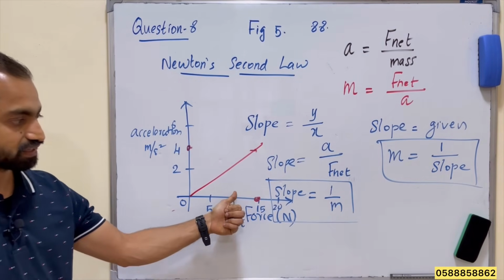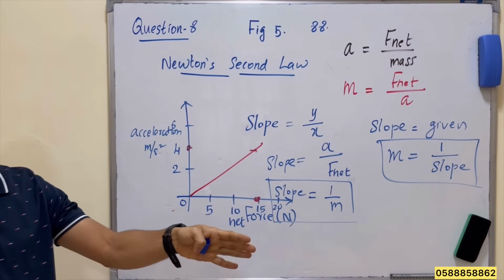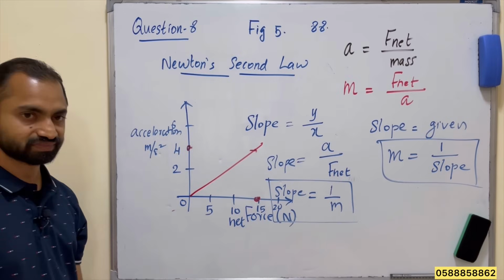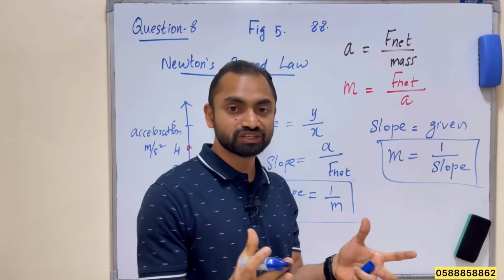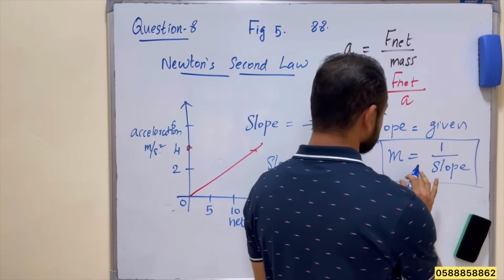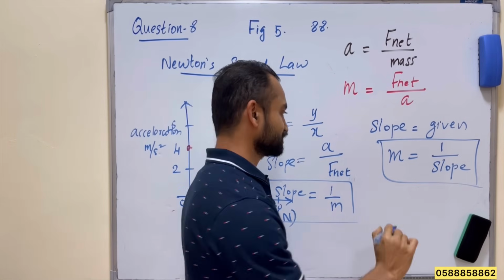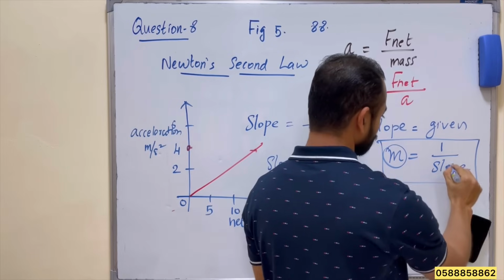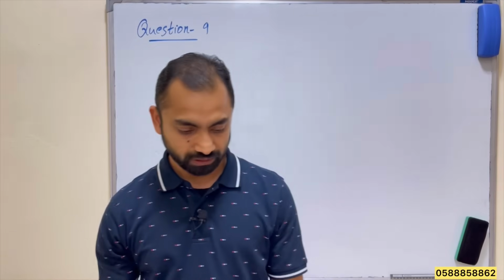The slope is 1 over mass. If the slope is given and you need to calculate the mass, mass is equal to 1 divided by slope.